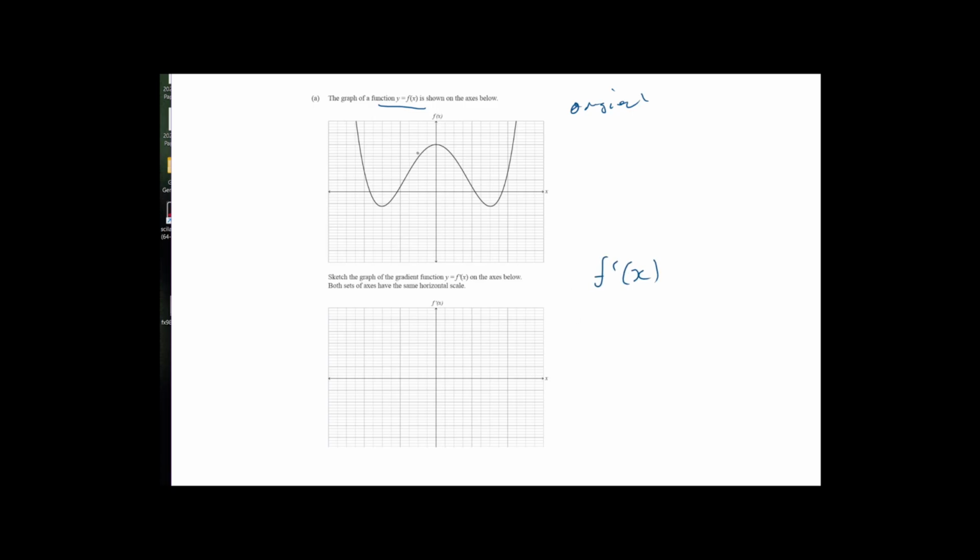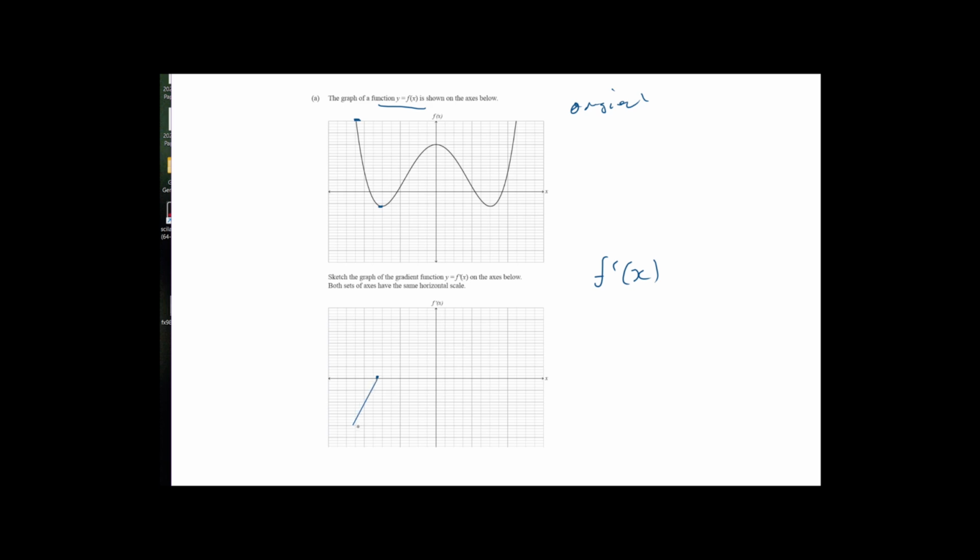Okay, well, let's work it out. So the gradient from here to here is negative. So if we sort of go down here, it's going to be negative, but it's going to be less and less negative.